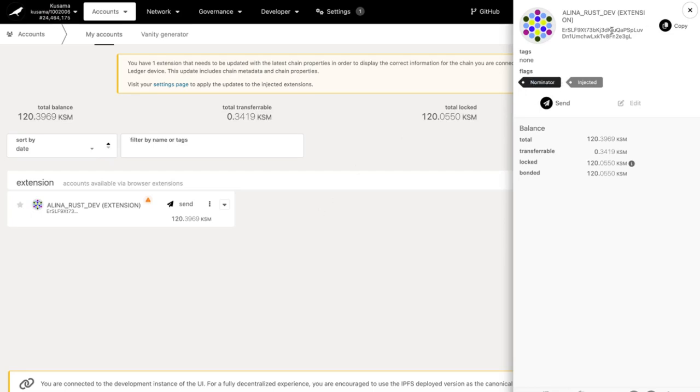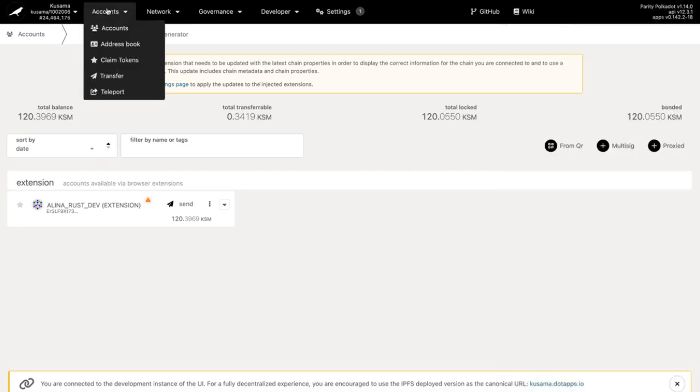So what can we do with this money? There's some functions here as well. For example, address book, if you have some particular addresses, and you want to give them names and store them on your account. You can claim tokens. This is for bounties, and transfer. That's what we're interested in.